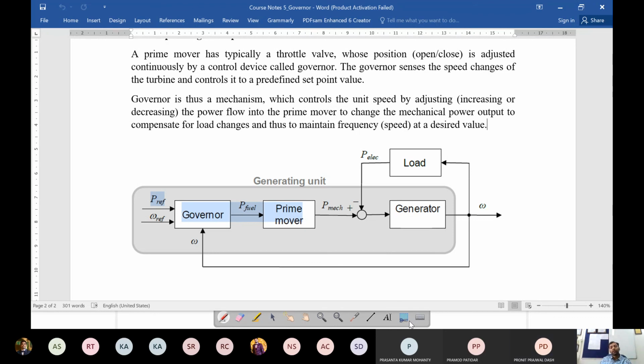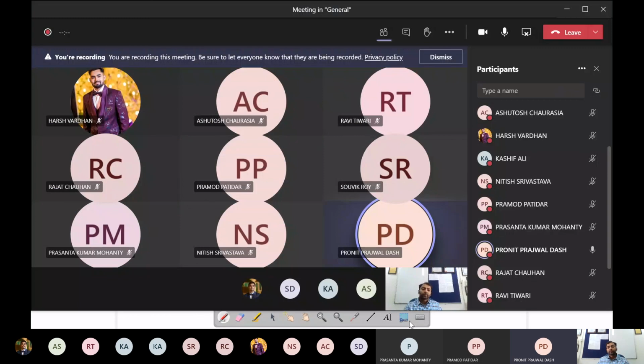Physically also, when you go to a power plant, there will be some particular device or equipment, depending upon what type they are using, whether electromechanical or something. If they have a digital governor, it will basically be a computer. Sir, if not digital, where is it generally present, near the turbine? No, it would usually be in the control room.